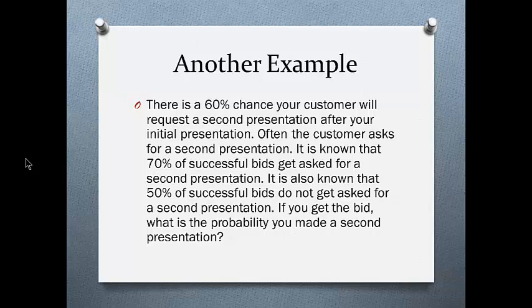So just because you don't get the second interview isn't bad. You're just down to a 50-50 chance. But you got the bid. Good job. But what is the probability you had to make a second presentation in order to get that bid?